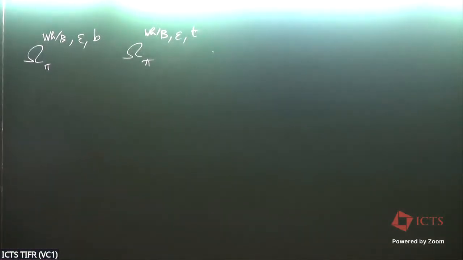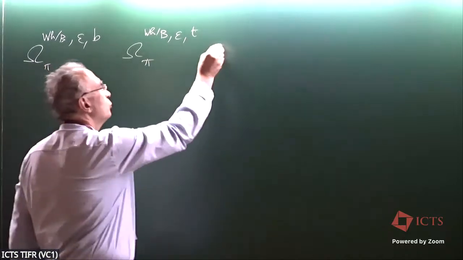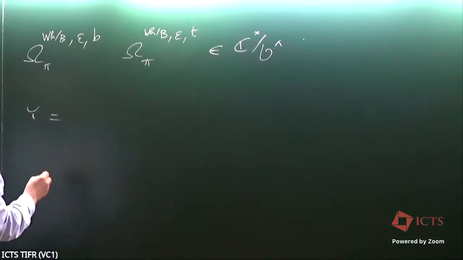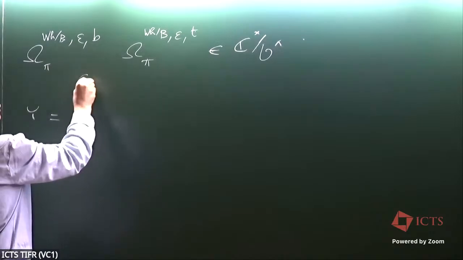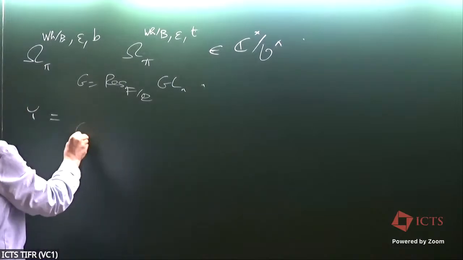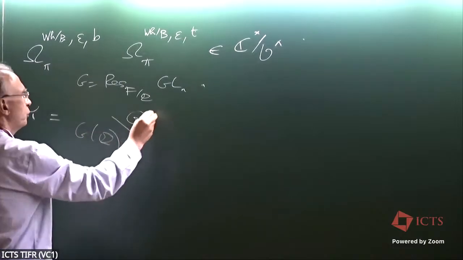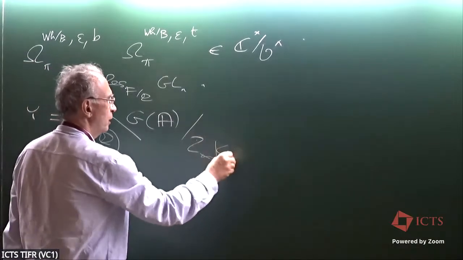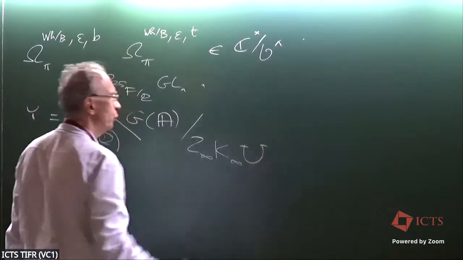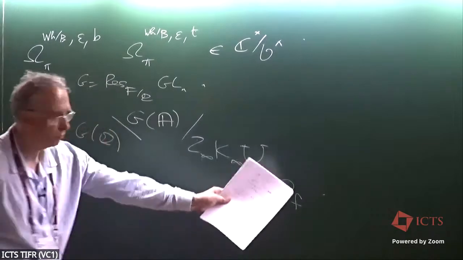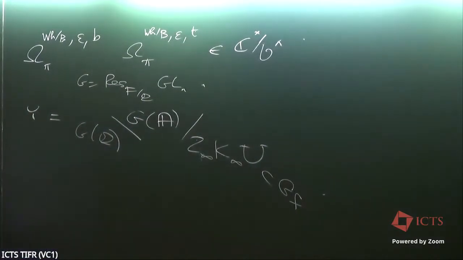So what are these periods? They will belong to C cross over O cross. For that, you have to introduce the locally symmetric space. G is the restriction of scalars from F to Q of GLN. Y will be G(Q) divided under G(A) over G infinity, A infinity, U. U is a compact open inside G of the finite part of the adeles.